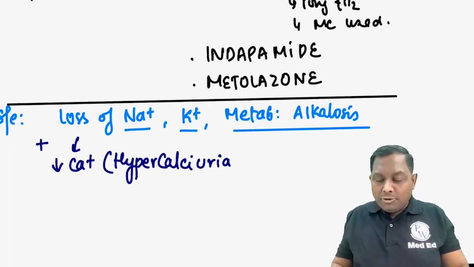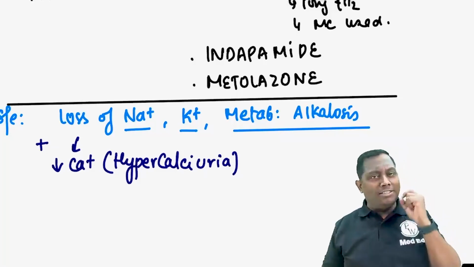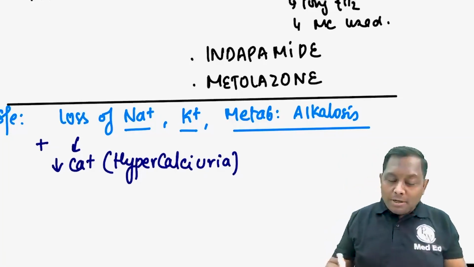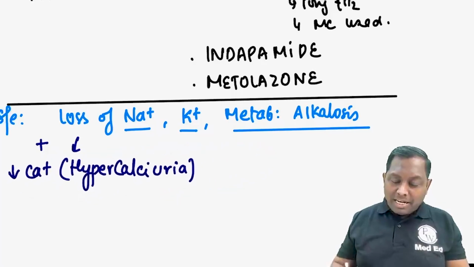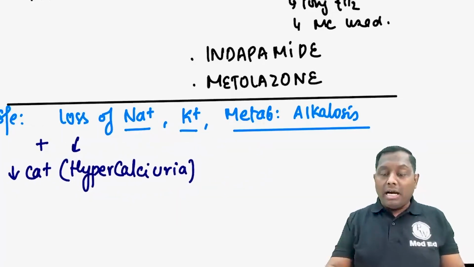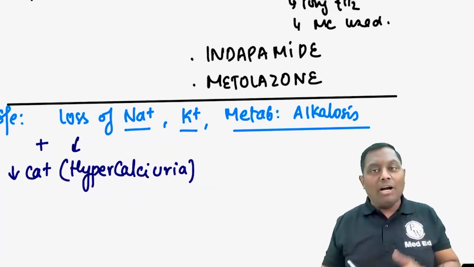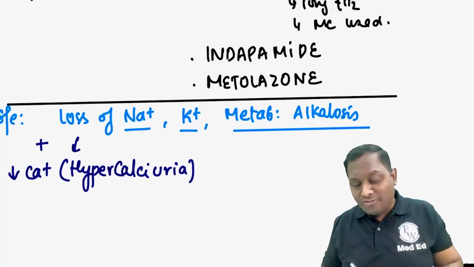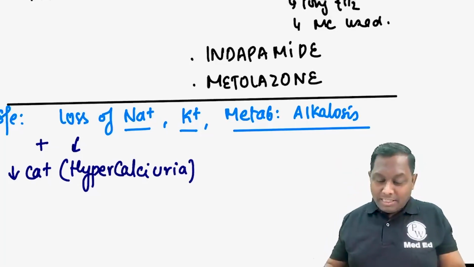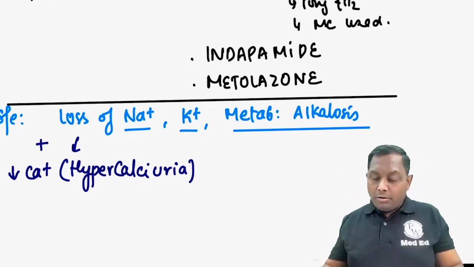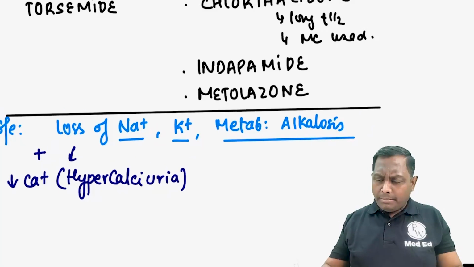Look at the term that I am using, hypercalciuria, and this is the exact term the examiner also prefers for your examination. I have not written hypercalcemia, I have written hypercalciuria. So hypercalciuria means more and more loss of calcium. Okay, what about thiazide diuretics after loop diuretics? Hypokalemia and metabolic alkalosis are common to both.